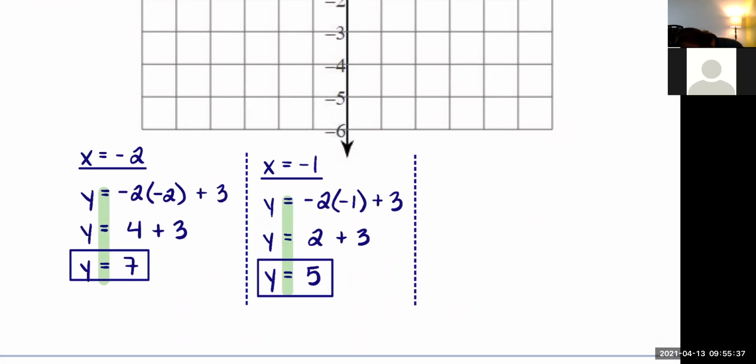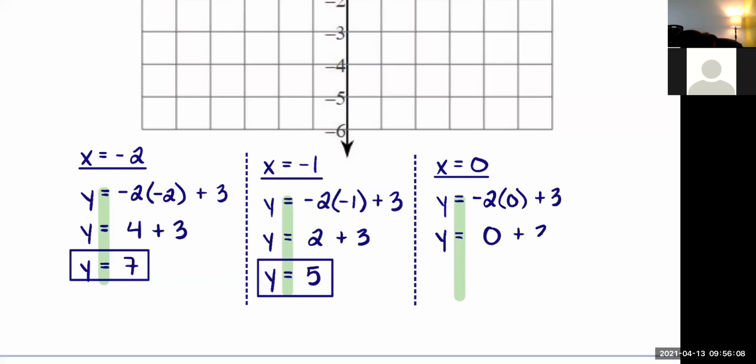So next one on my list, this is the one that I like. X equals 0. Still the same equation. Y equals -2 times x. This time my x is that 0 plus 3. Doing the multiplication yet again. -2 times 0 is 0.